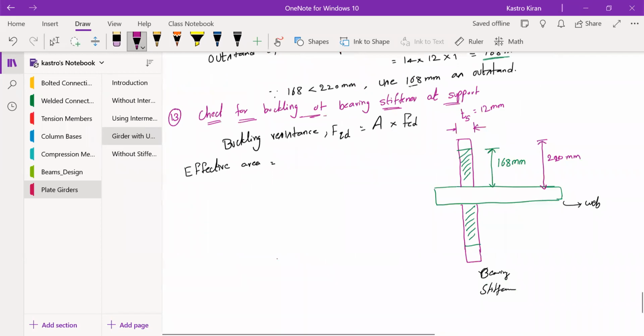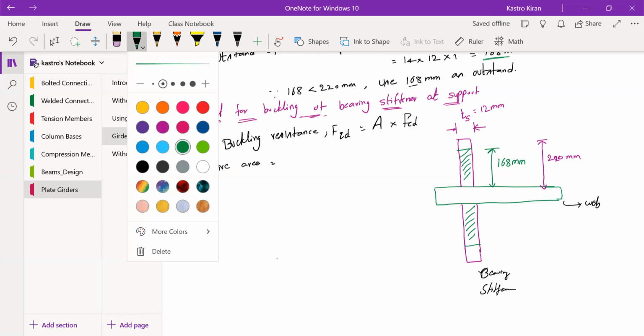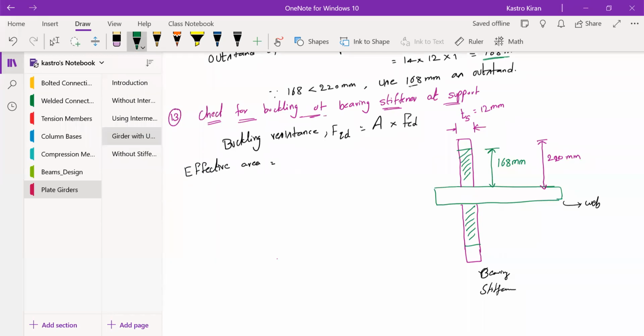Along with this, you should also know a couple of other parameters, which are the thickness of the web. This is the thickness of the web, which is 12 mm. Now you should know one most important parameter, which is 20 times TW, that is 20 times the thickness of the web.